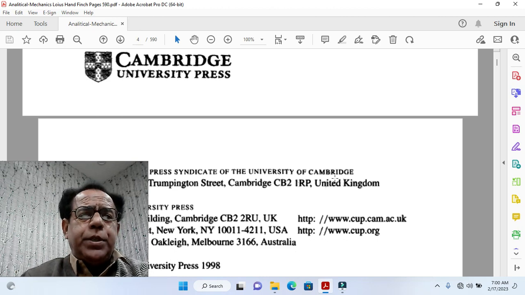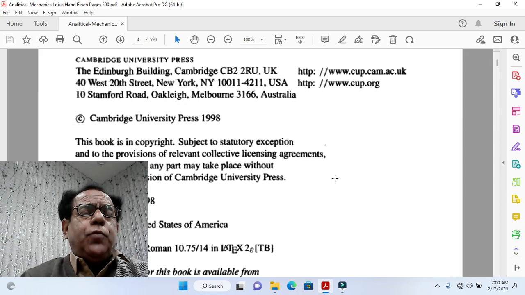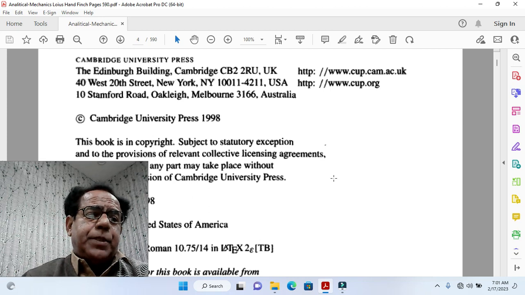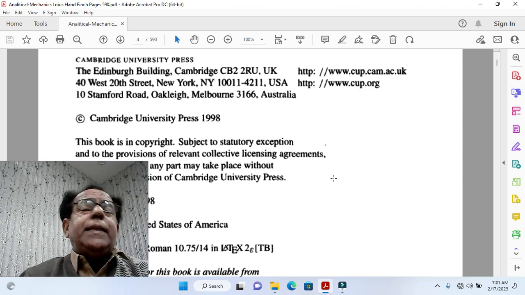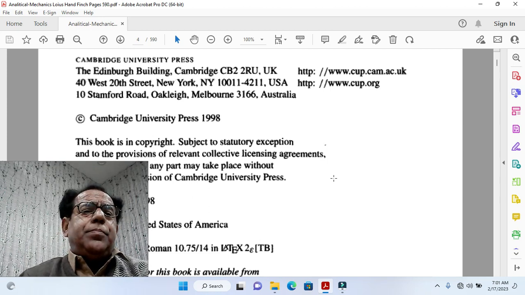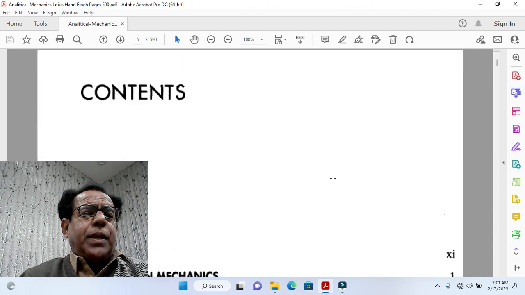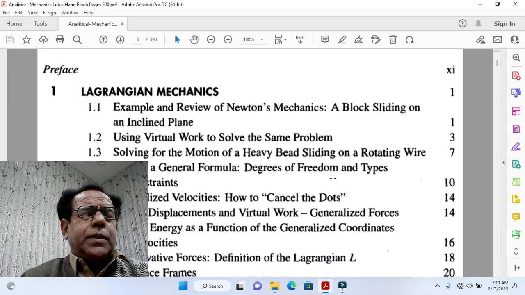Its publisher is Cambridge University Press, and this book was published in the year 1998. So definitely its printing technology may be slightly outdated, but it will work. Actually such old books are usually reprinted under the term Kindle edition.